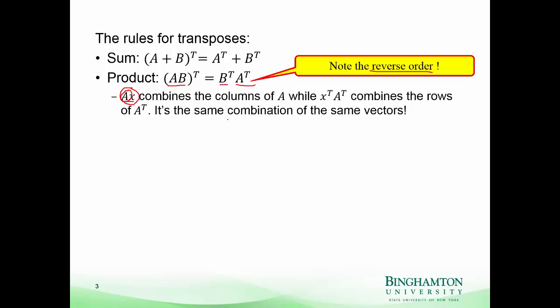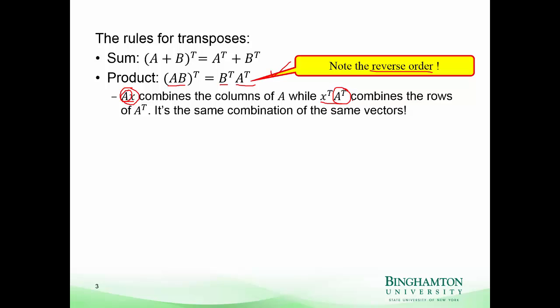The transpose of the quantity Ax, according to our rule up here, will be interchange the order and transpose both. So this now, again, using our view from matrix multiplication, what this will do is combine the rows of this.